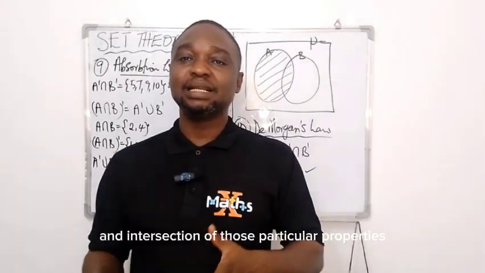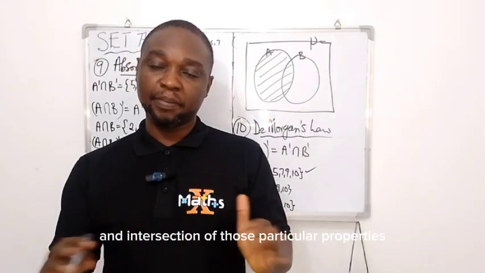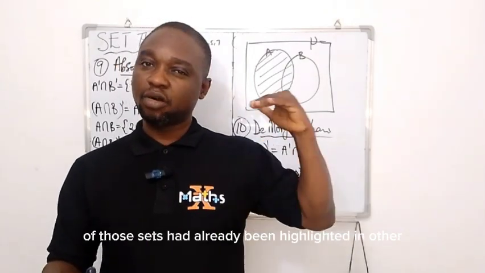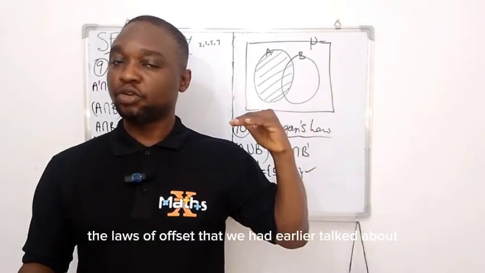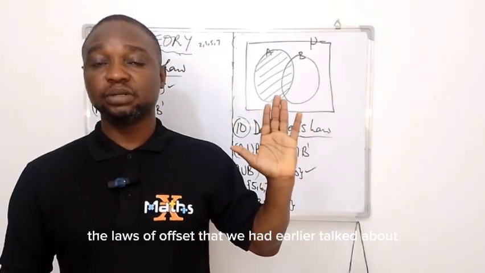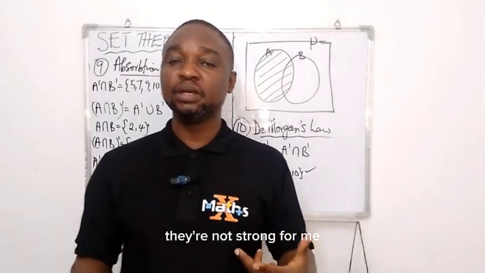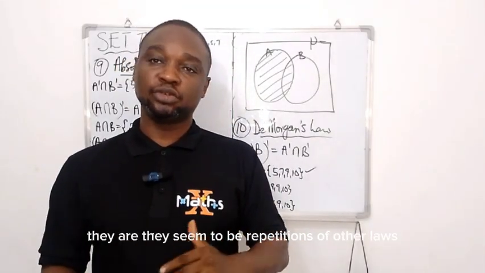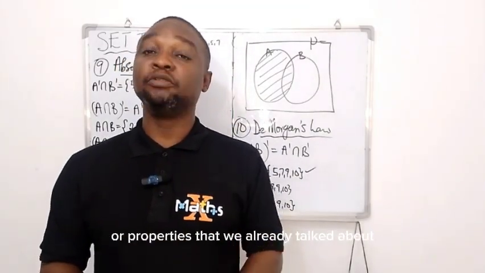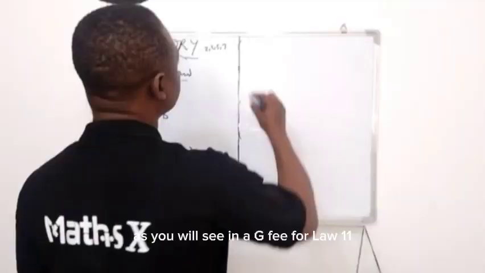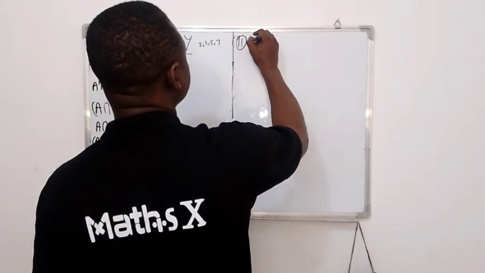The union and intersection of those particular sets had already been highlighted in other laws of sets that we had earlier talked about. Sincerely, these two last laws are not strong for me. They seem to be repetitions of other laws or properties that we've already talked about, as you will see in a jiffy.